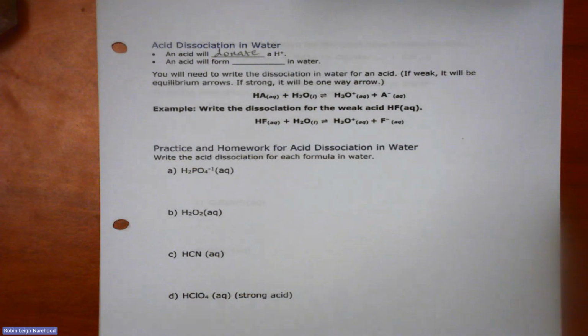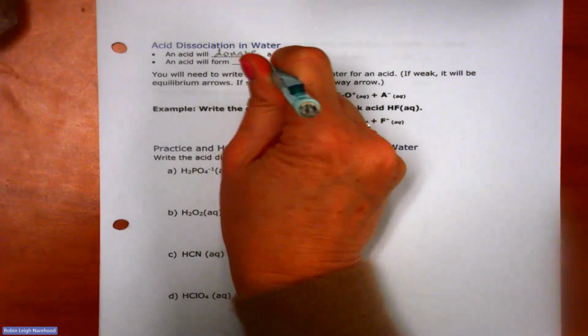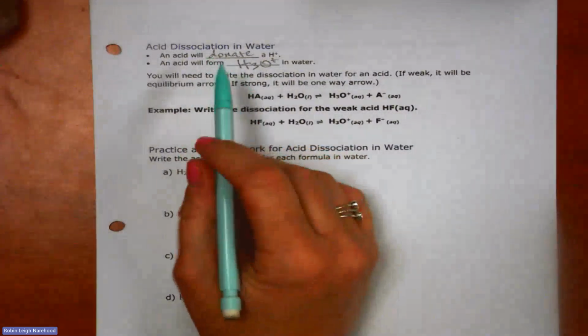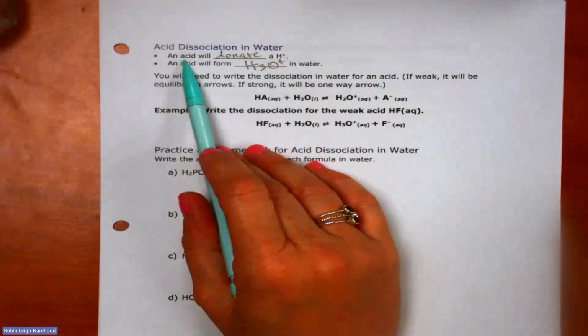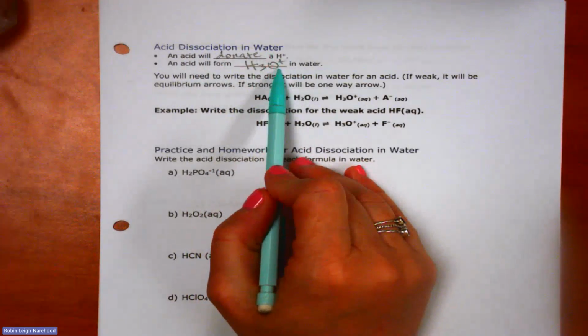When we're talking about water, it's a pair of electrons on the oxygen of water that takes a hydrogen off of the acid and bonds it to water. When that happens, it forms H3O positive in water. So this is what happens to the acid. It has a hydrogen, and the oxygen on water comes in and takes it.